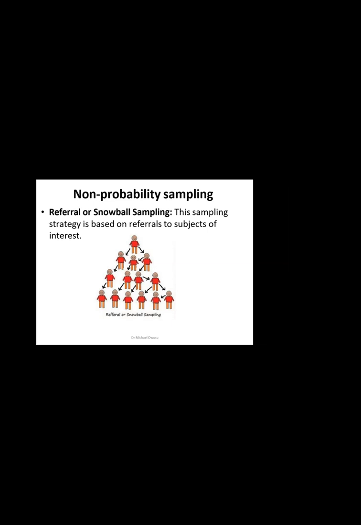When you are done with the second person, they'll connect you until you get all the people of interest. So referral or snowball, you sample based on referral of subjects of interest. One person will direct you to the next. If you see the image, one person is directing you to the next person, to the next person, to the next. That is how we talk about snowball or referral.